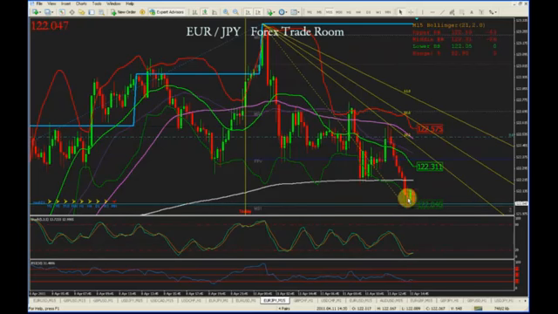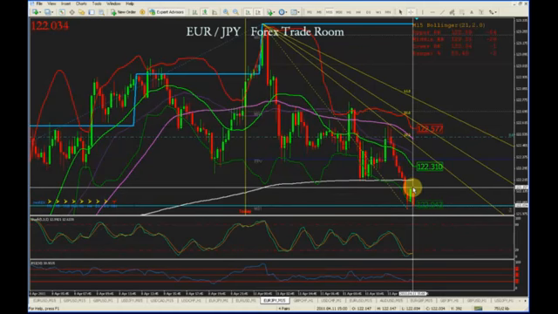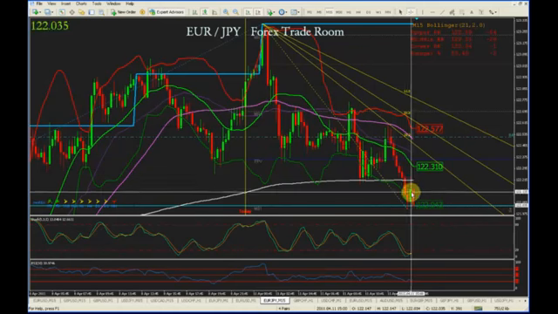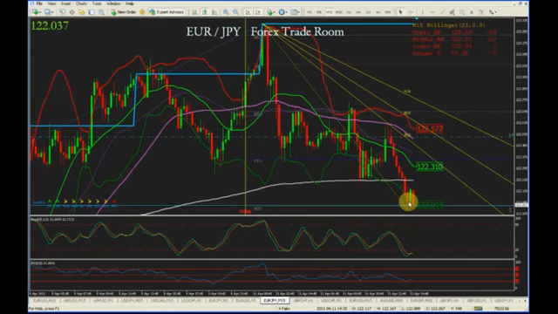So even when we met our target at 122, you can see that after that we called out a trade that we can actually buy euro yen at 122, which made its way to 122.14. Realistically, with spread, you probably would have made 8 points, and that would have been another nice counter trend scalp trade.